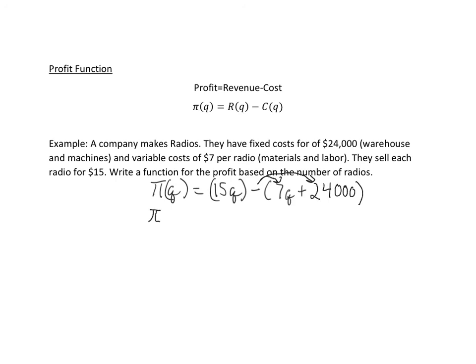So here I'd say pi of q, our profit for some number of items, equals 15q minus 7q would be 8q. And then the plus 24,000, if I distribute that negative in, would be minus 24,000. And so now we can take any number of items and determine what the company's profit would be for that number of items.